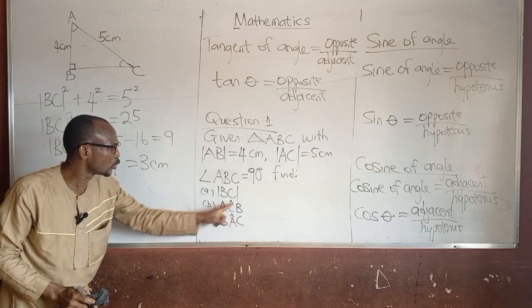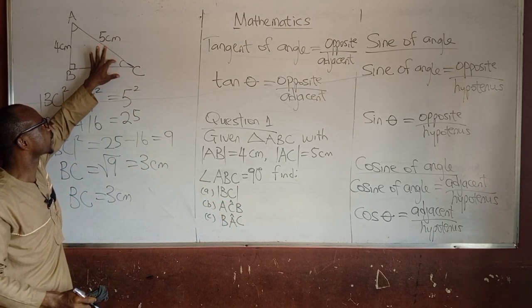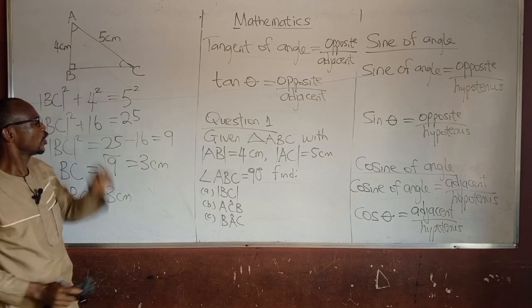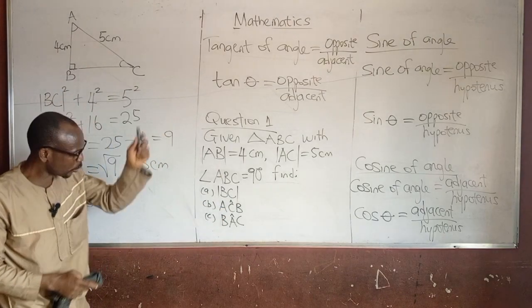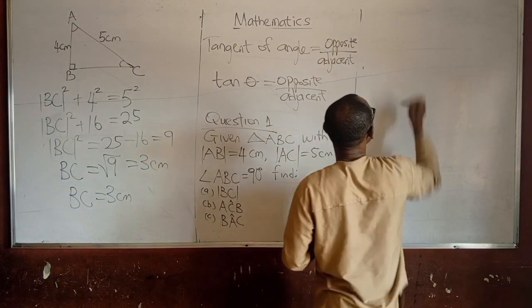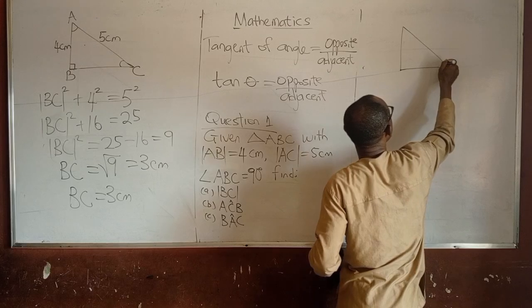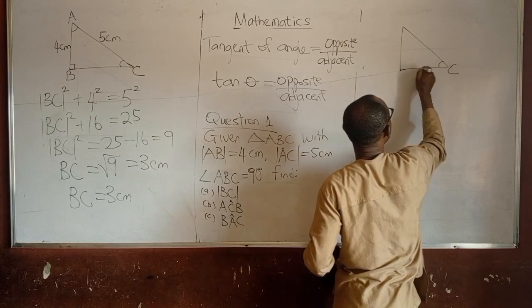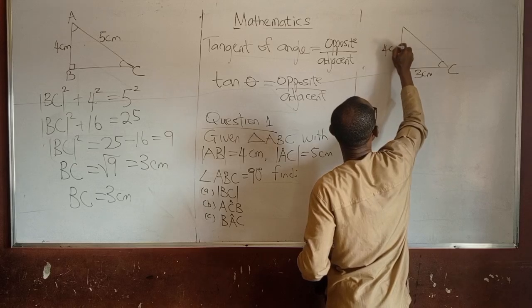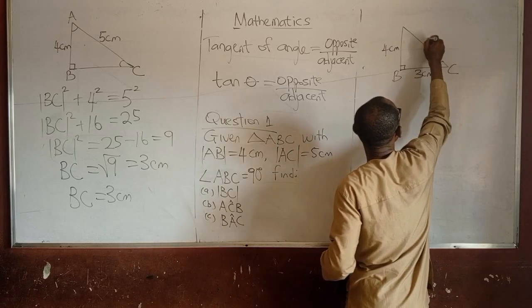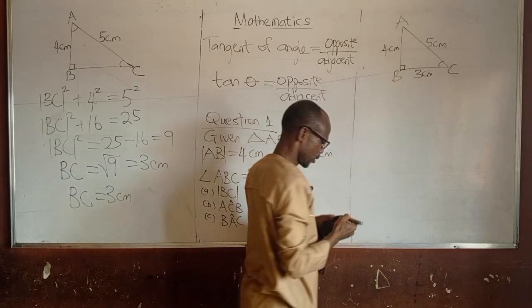ACB. We want to look for the angle of C here. How we go take look for the angle of C here? We use any of the trig ratios. Now make we use that of sine. Now this is the triangle what we get now. We get 3 cm, we get 4 cm, and we get 5 cm. We want to find this angle here.